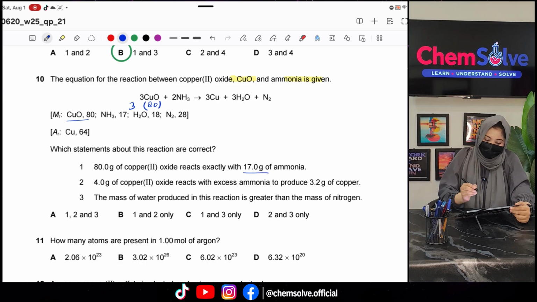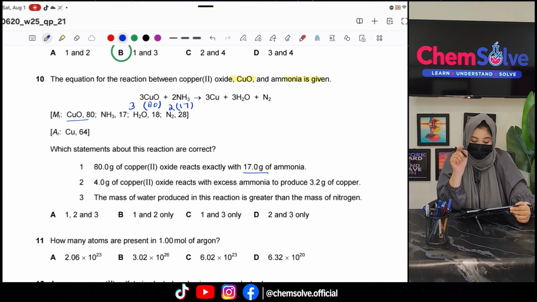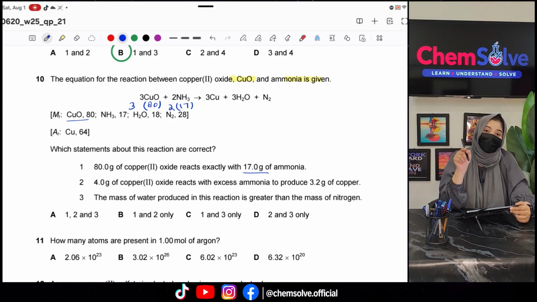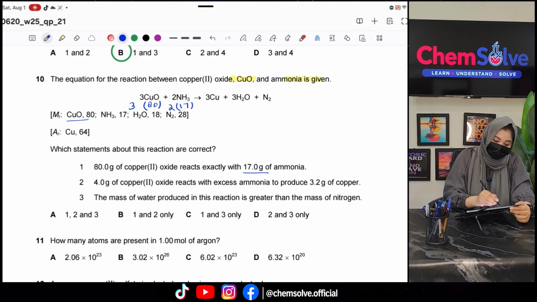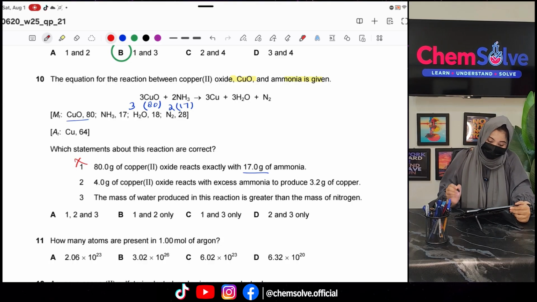React with 17 gram of ammonia. The molar mass of ammonia is 17, so it is 17 multiplied by 2 here. But the examiner is saying that 80 gram of the copper oxide reacts with 17 gram of the ammonia, while according to the equation, 80 multiplied by 3 of the copper oxide reacts with 17 multiplied by 2 of the aqueous ammonia. So clearly this statement is incorrect.